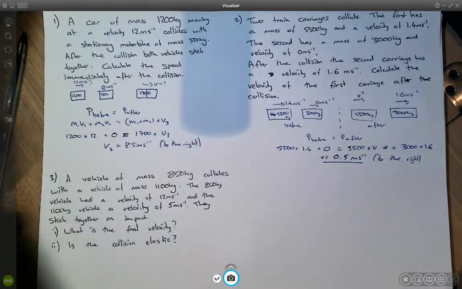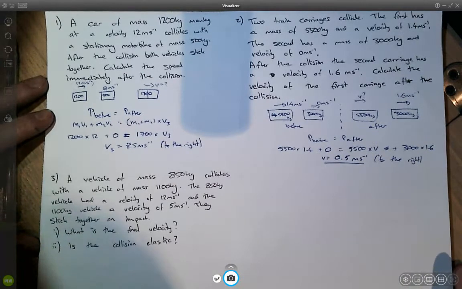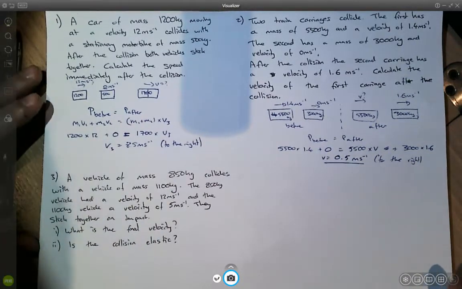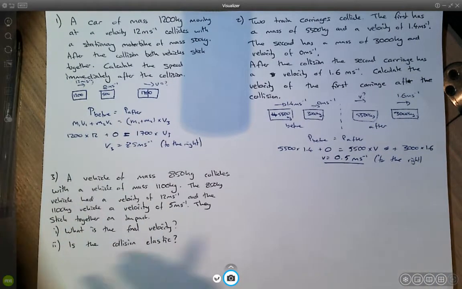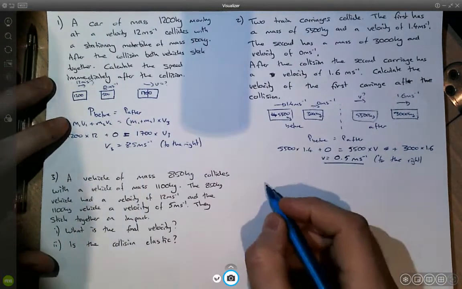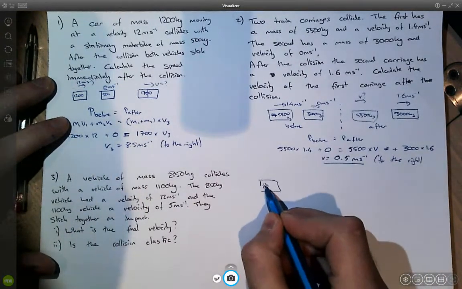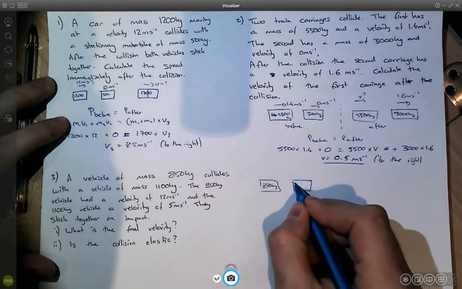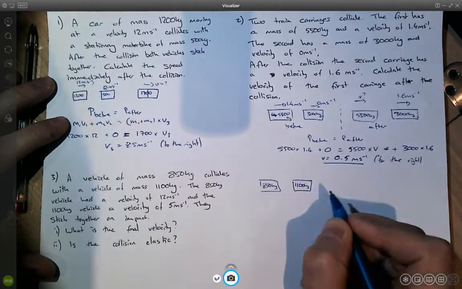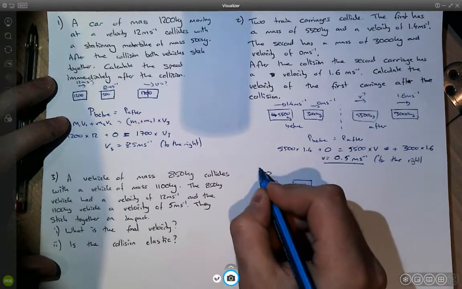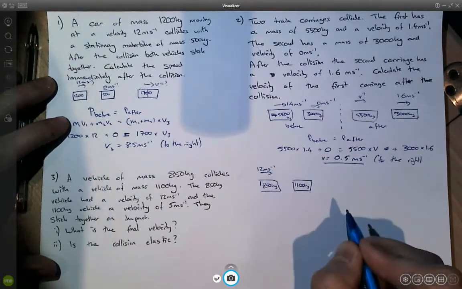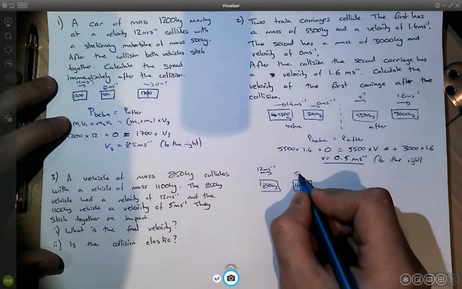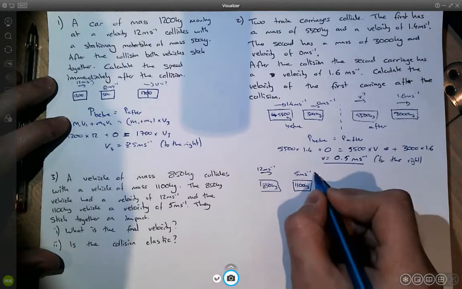Final question. Pause the video now and try question 3. So what have we got here? We've got a vehicle of mass 850 kilograms collides with a vehicle of mass 1100 kilograms. We had a velocity of 12 meters per second and a velocity of 5 meters per second.